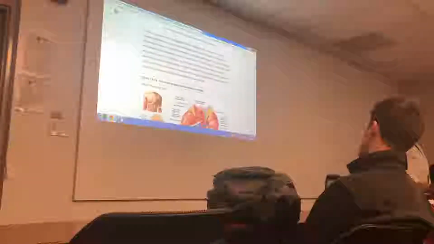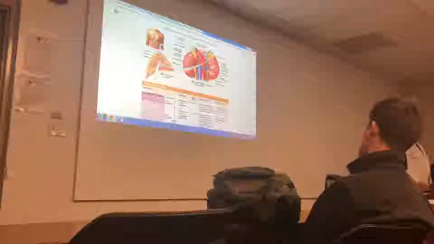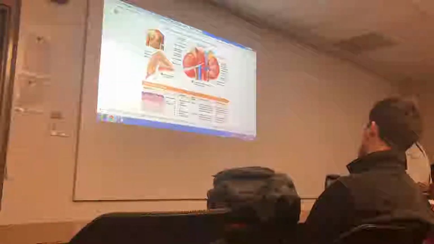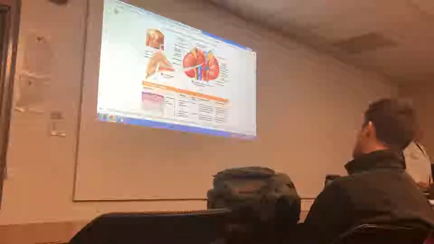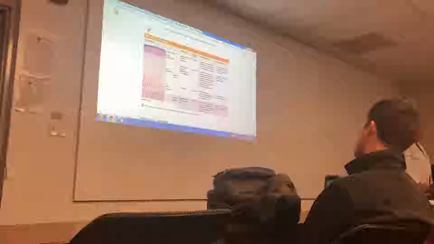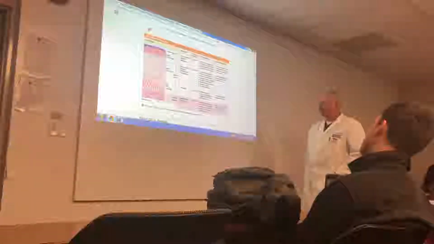Adrenal gland, suprarenal, right? Suprarenal just means above the kidney. Here they are. We have the cortex and the medulla. Okay, and then of course the zones for the cortex, glomerulosa, right? Fasciculata, reticularis, and then the medulla.